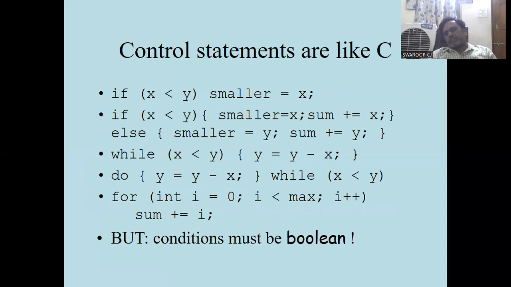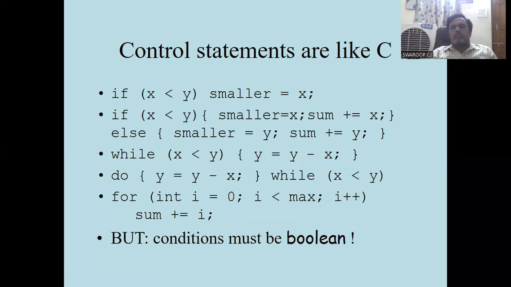Now what are the control statements? The basic purpose of the control statement is to control the flow of execution of a program. I started the program, then where I have to go if the problem exists, where I have to go if the problem is okay. It indicates the flow of execution of a program.